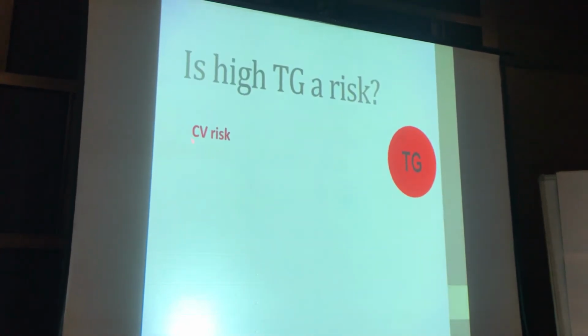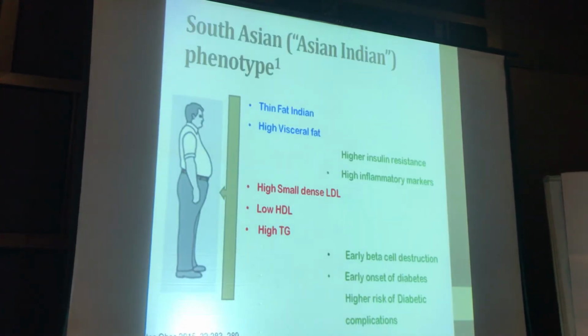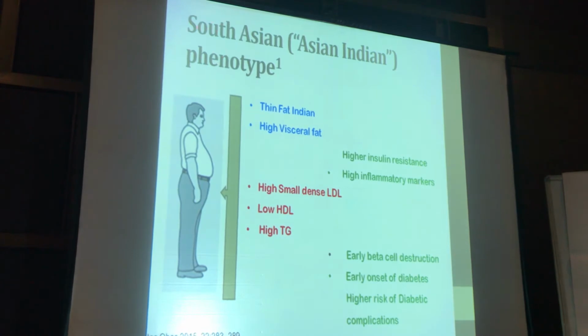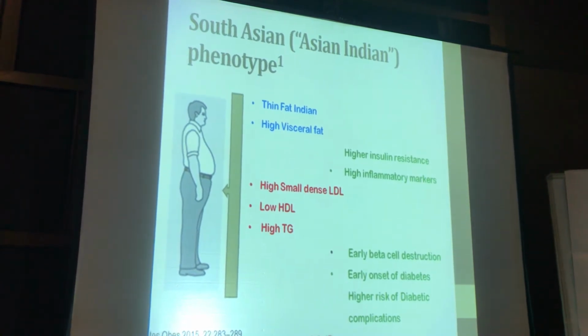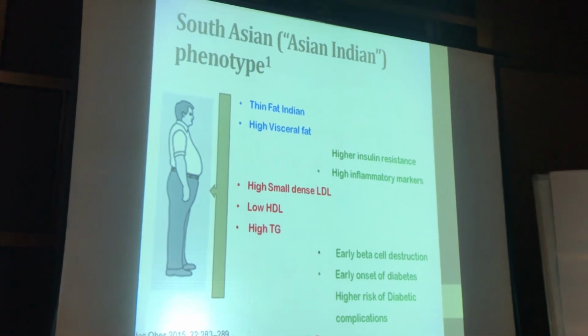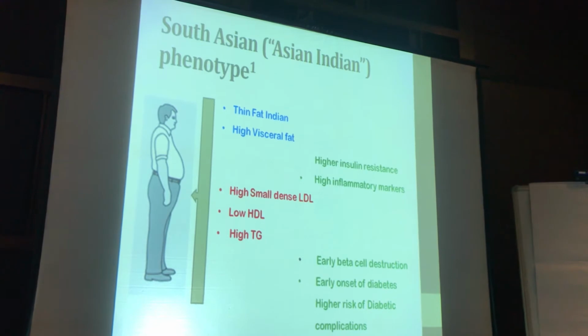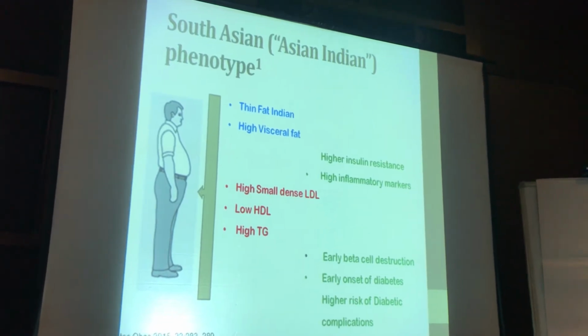So coming to the first question: is high triglyceride a risk for cardiovascular disease? Now, the South Asian paradox phenotype is a maybe thin individual with high visceral fat, LDL not very high, HDL on the lower side, and a high triglyceride level.